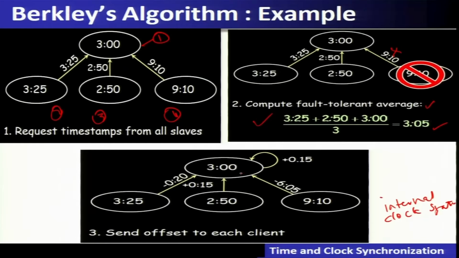It will adjust its clock value accordingly, and now it will calculate the differences. For this one it is a 20 minute difference, for this one plus 15, and these values will be sent as the offsets. So, it will send the offset to each client in this case.